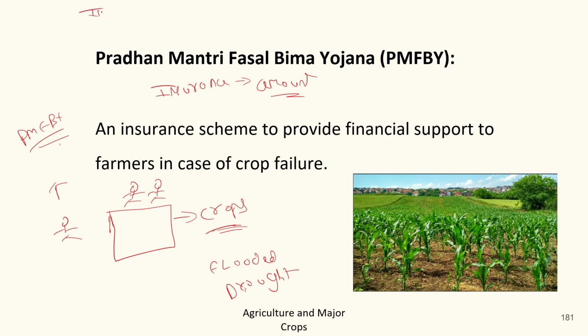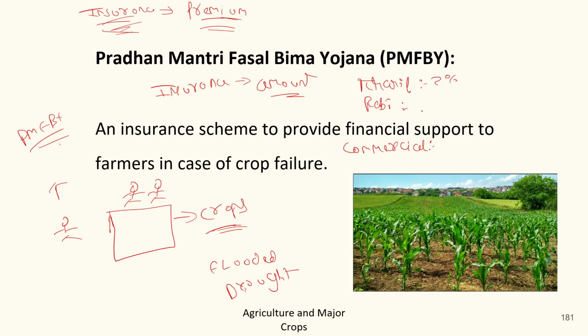Also, as you know, insurance requires a premium to be paid. If any one of you ever purchased insurance, then you know that against the insurance amount you have to pay some premium. Similarly, in this case, the government decided some premium to be paid by the farmers: first for Kharif, second for Rabi, and third for commercial crops. So, to claim the Pradhan Mantri Fasal Bima Yojana, you are required to pay some premium.